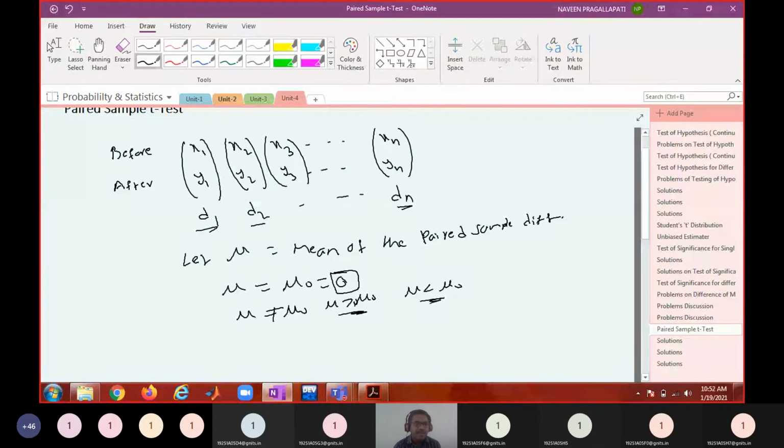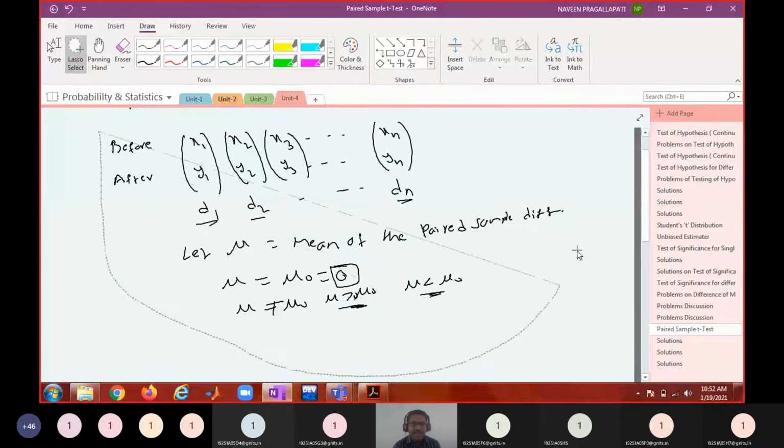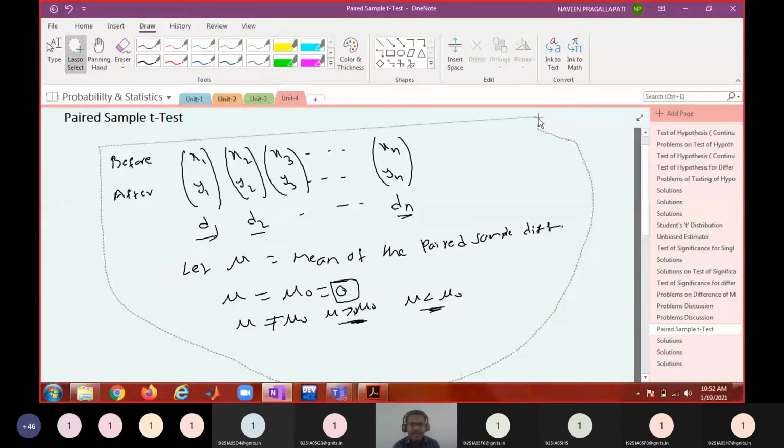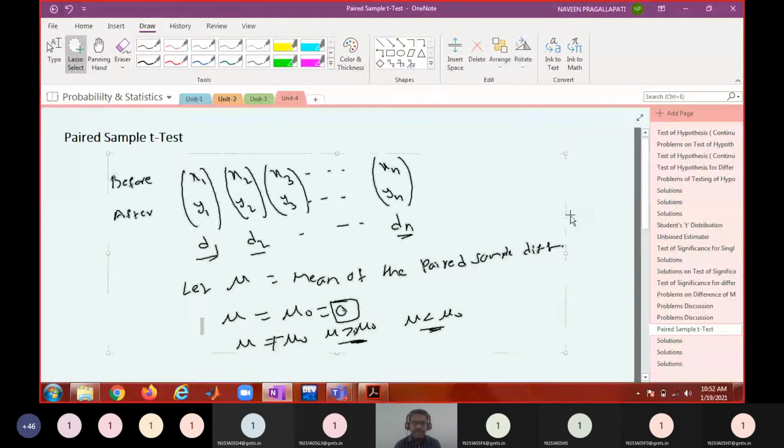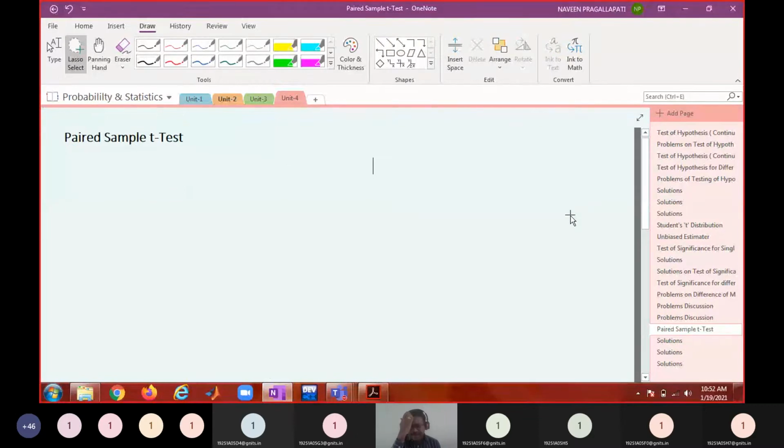So that is what we are going to see. Remember, we do all these things when the samples are dependent, and the data is obtained just like before and after.